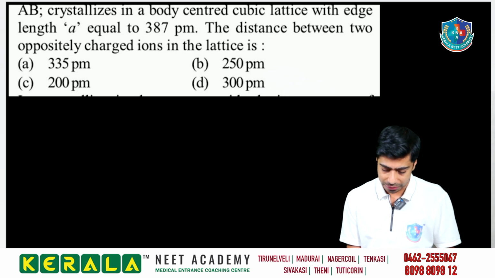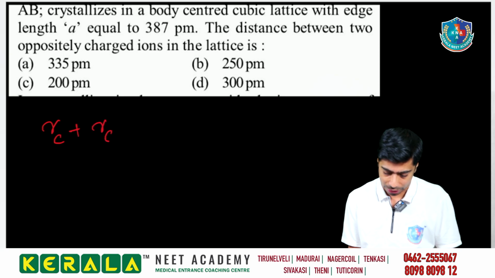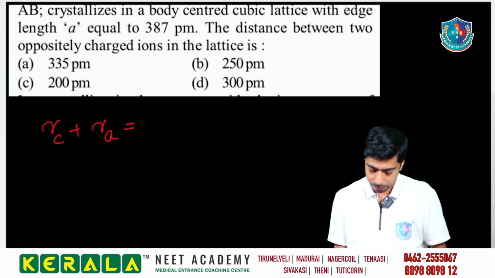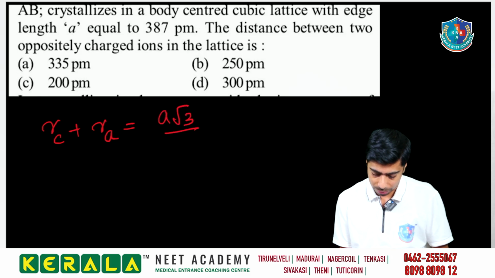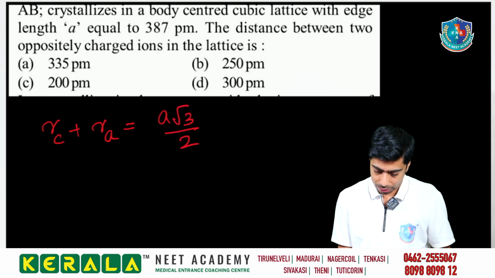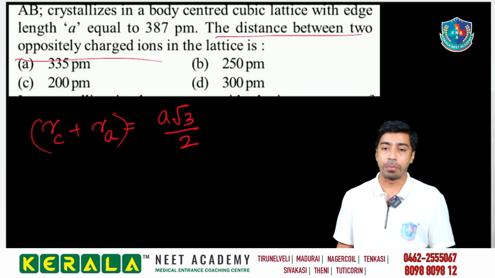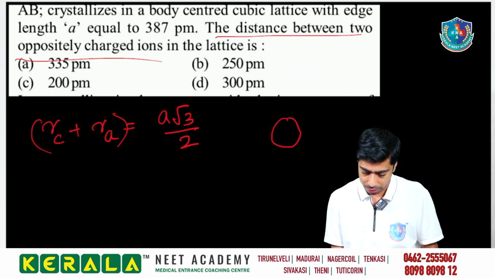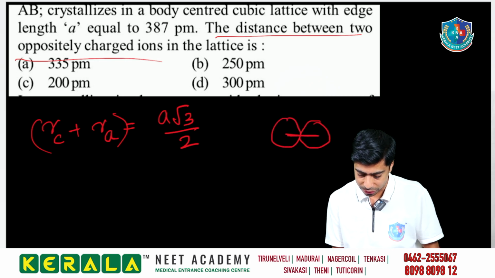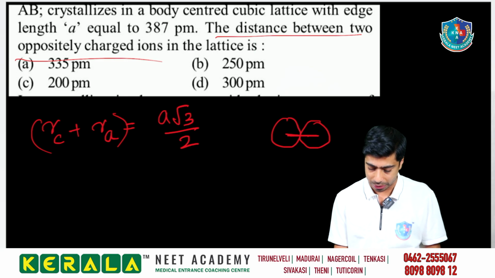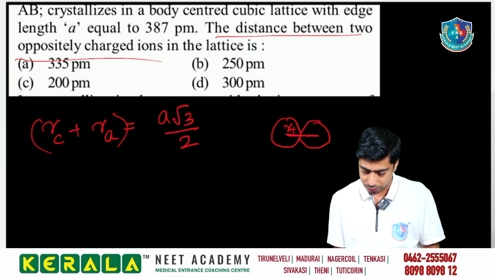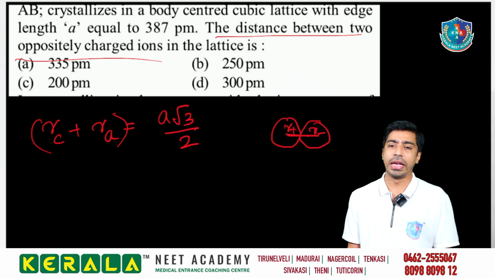So we know that in BCC, radius of cation plus radius of anion is equal to A root 3 by 2. They are asking the distance between two oppositely charged ions, so the answer will be A root 3 by 2.